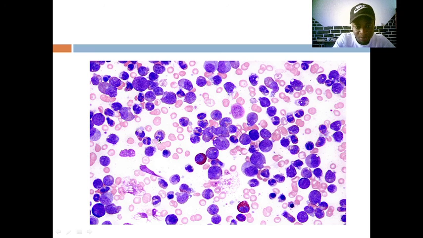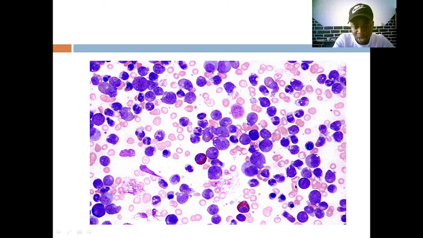Look at these cells very well. You see the nuclear to cytoplasmic ratio. This one is very high. This one can be myelocytes. This one too is very high.